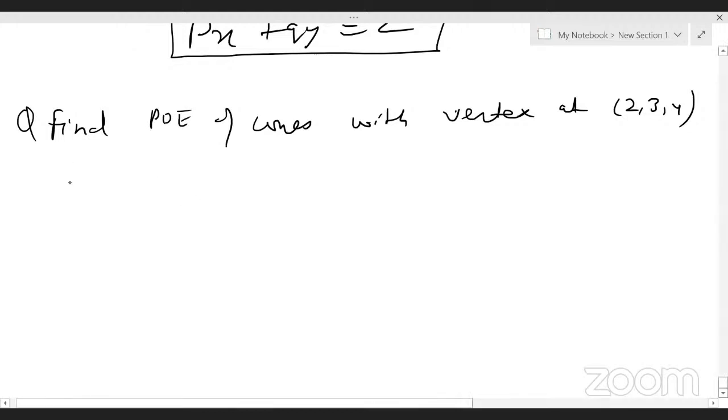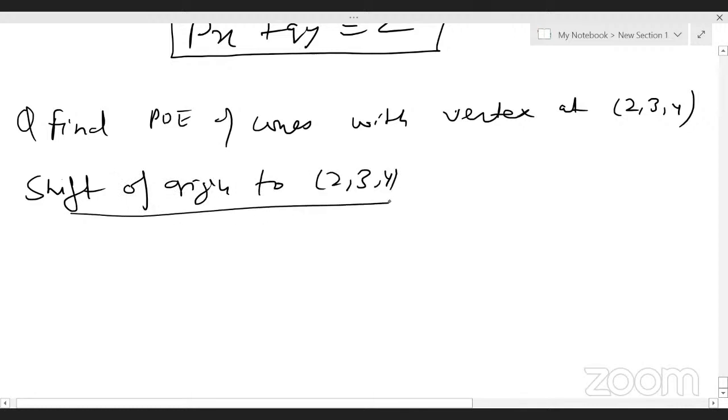What is the manipulation? I know that I can shift the origin. Okay, that you must have done in 11, 12 for IIT JEE preparation. Shift of origin to 2, 3, 4. That is, if this is the real origin, I will shift it to some point 2, 3, 4, and everything will change, right?